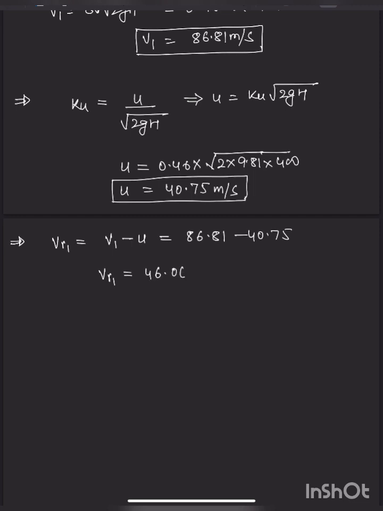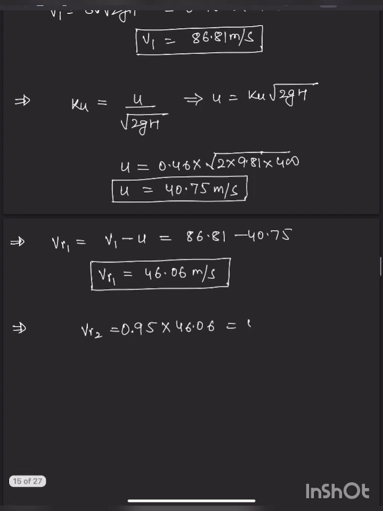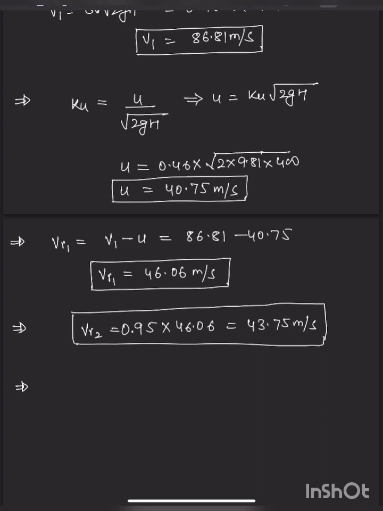As it is given that 5% of this velocity is lost till the jet exits from the blade, the relative velocity of the jet at the exit, Vr2, is 95% of Vr1. 95% of 46.06 will be equal to 43.75 meter per second.